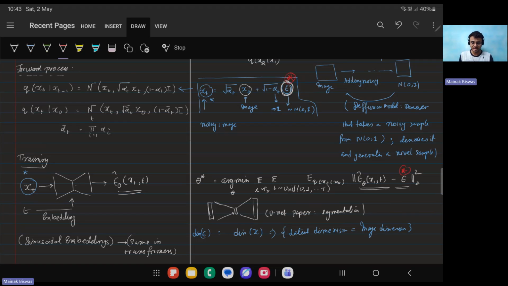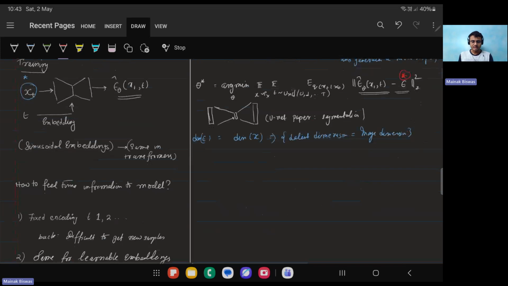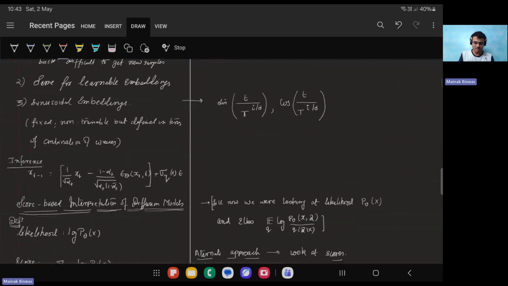And once you're able to predict it, what we have shown is that the generation, the inference process, is given by this equation, where we have this noisy image. We have the estimated noise that was added, and you are removing it.